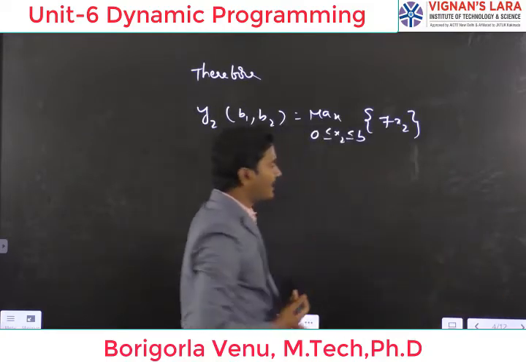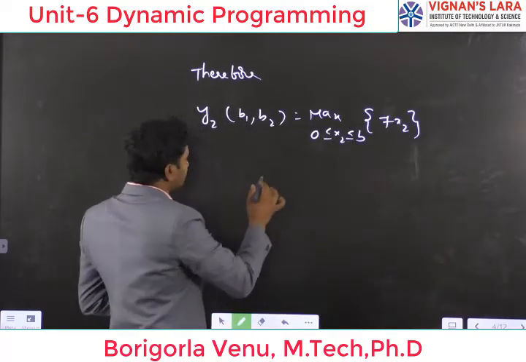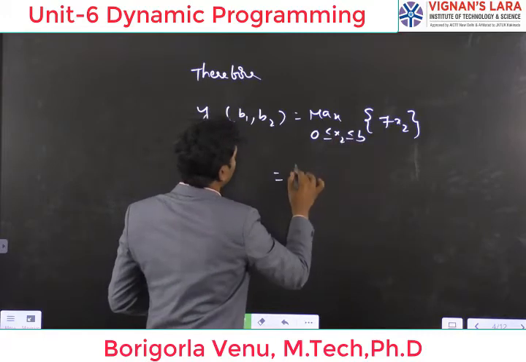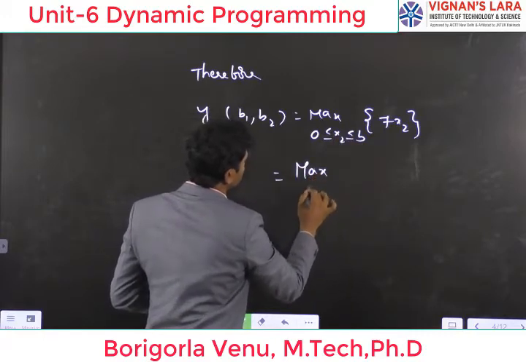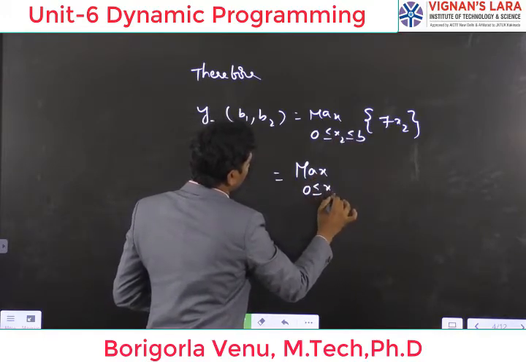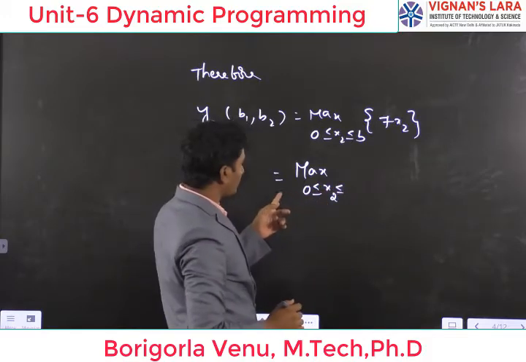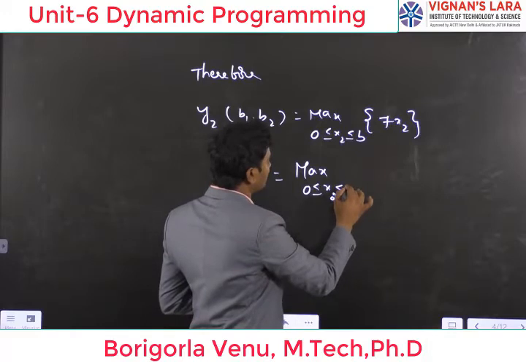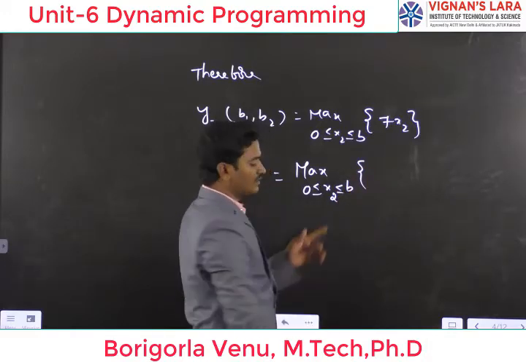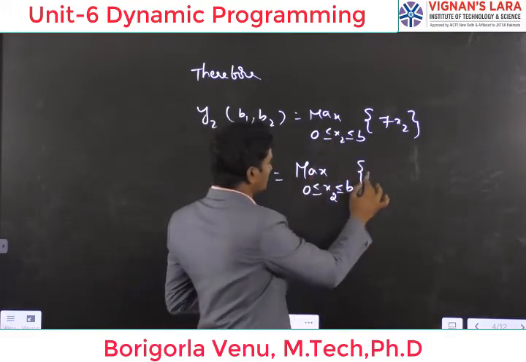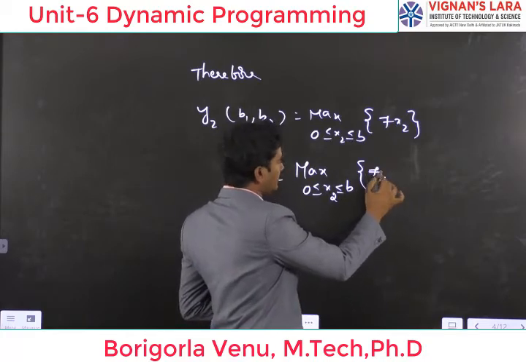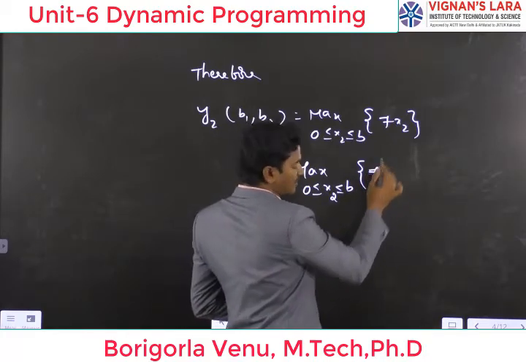From that we are going to calculate the minimum value. Here we are going to rewrite this equation into the recursive equations, using the backward method, where 0 less than or equal to x2 less than or equal to b, that is b1 b2, we are going to take, and 7x2 is there.